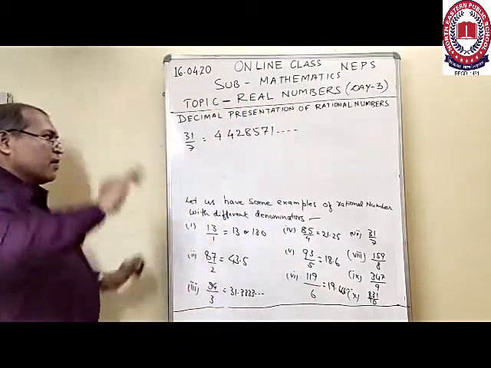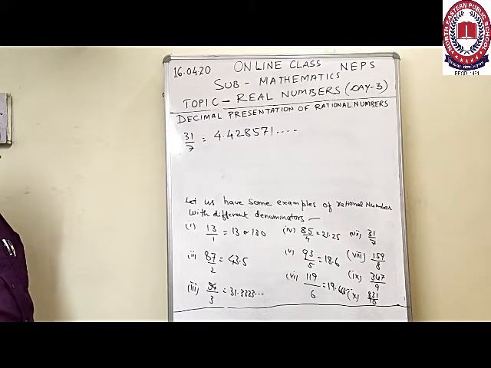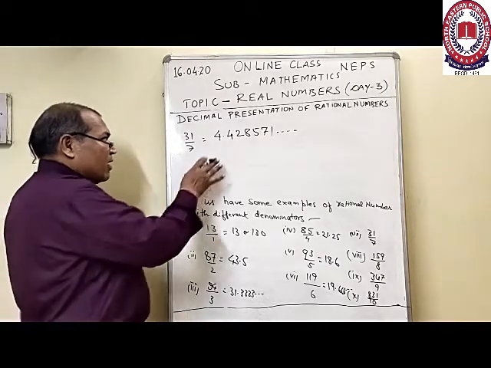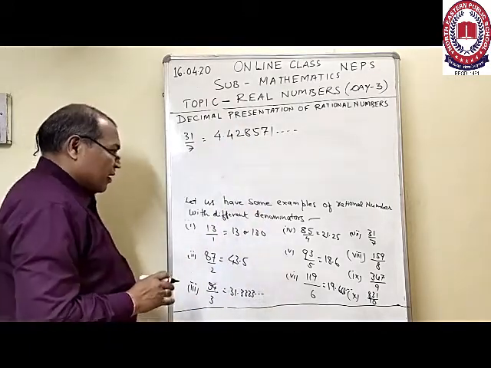It will keep dividing, but the remainder will never come to 0, and the digits we are getting are generally not repeating.